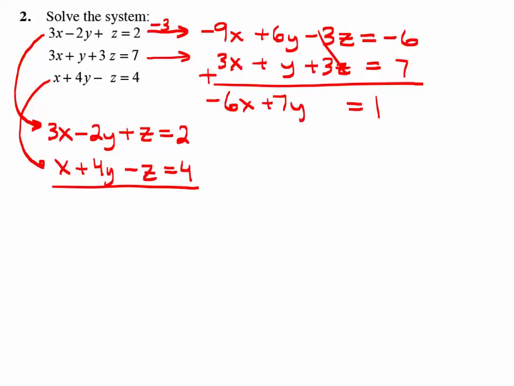And add them up, see what happens here. Alright, so 4x, let's see, minus 2y, the z's are gone, equal to 6.